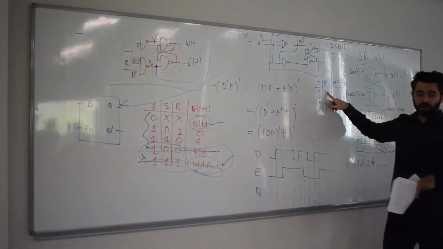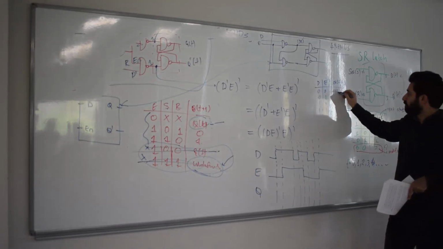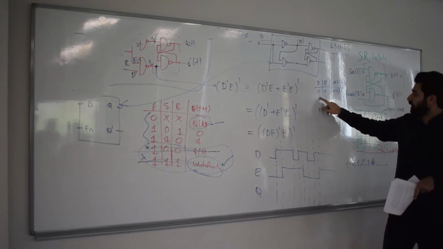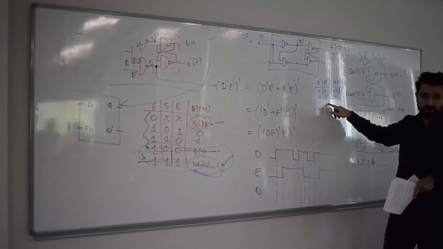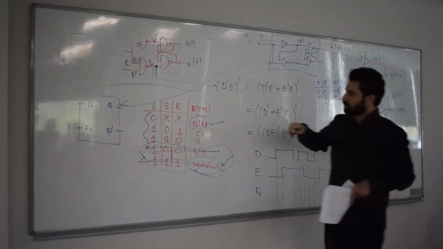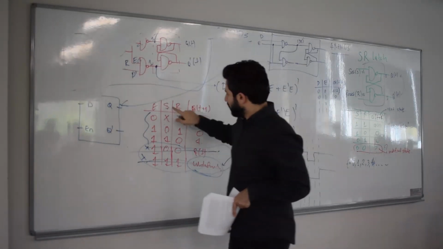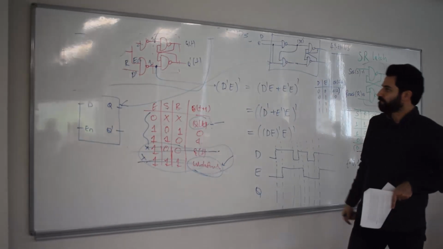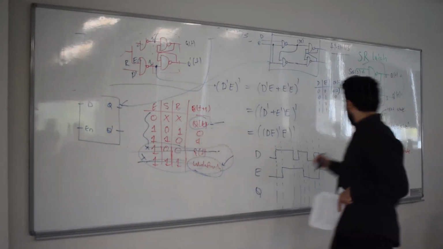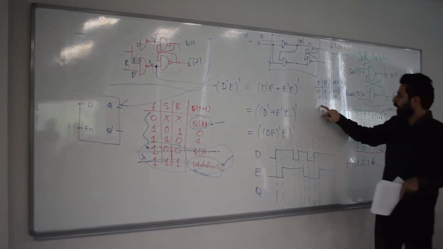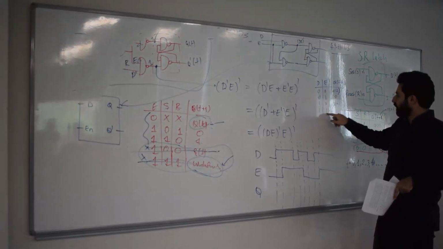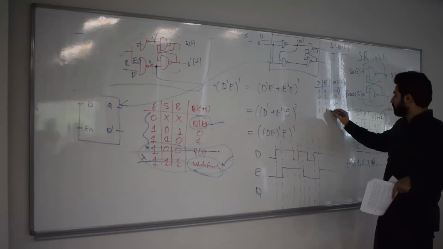If enable is 0, we know that it's going to be hold state. If enable is 1, D passes. Remember, D is now S. So 0, 0, and if you get 1 and 0, you get another hold state. If D is 1 and enable is 1, then you write 1.